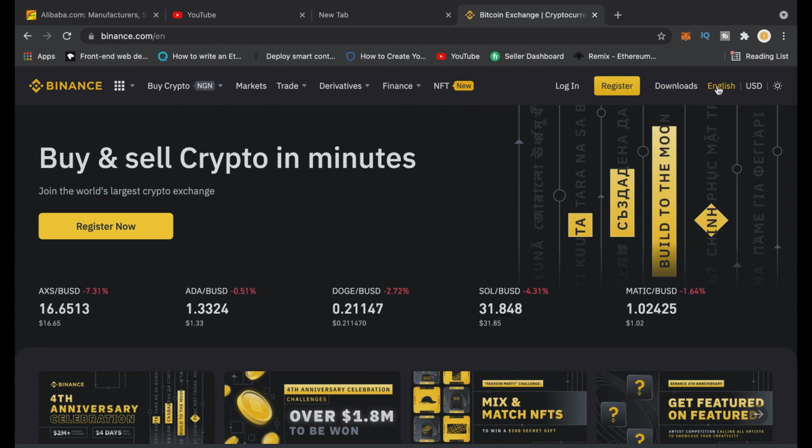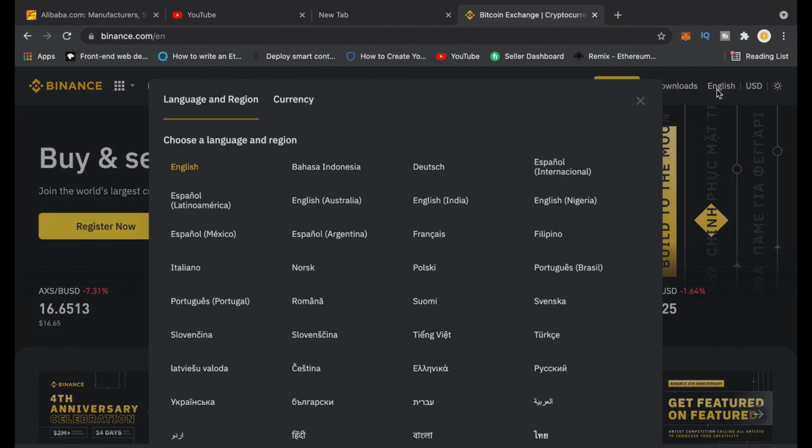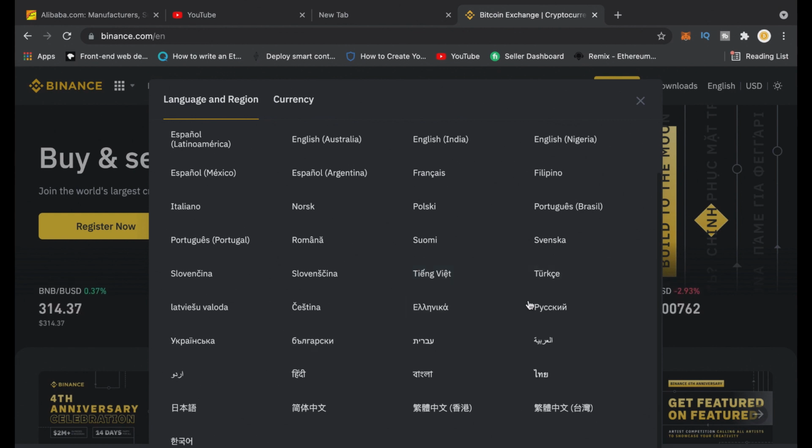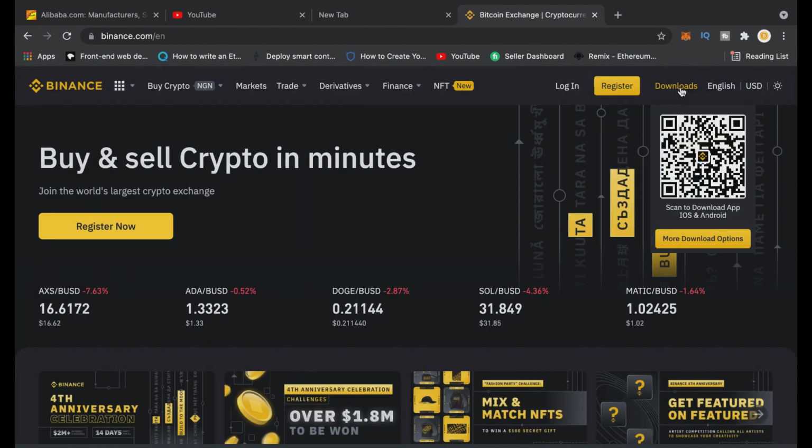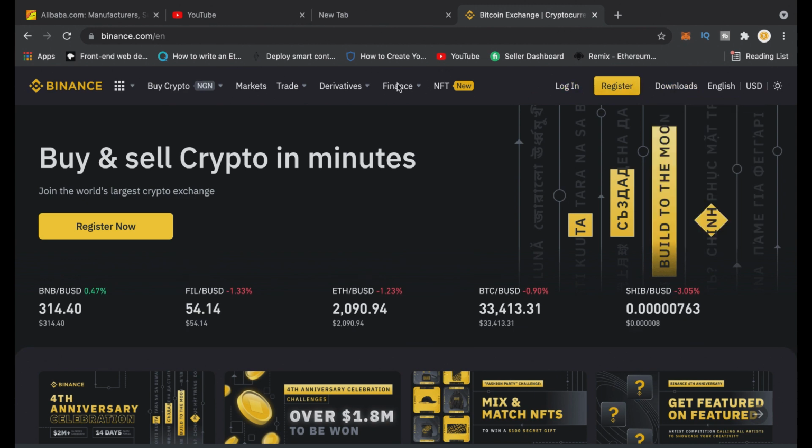If you wish to change your language, if you want to use Italiano, Norsk, Polski, and stuff like that, a lot of languages here. If you want to change to Chinese and everything, you can just get it there. So here is where you can download, and it also has a scan. You can just scan here, download and stuff.